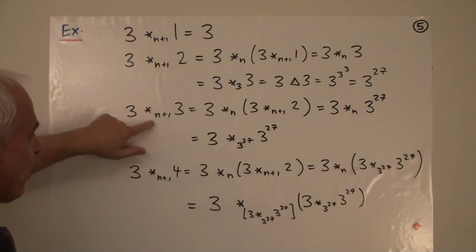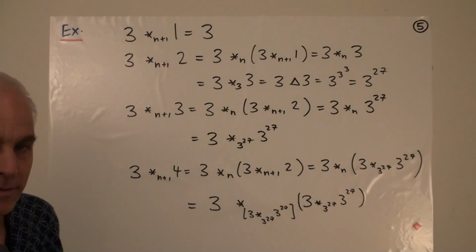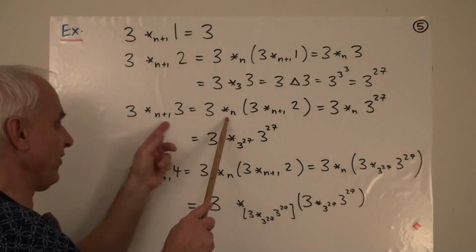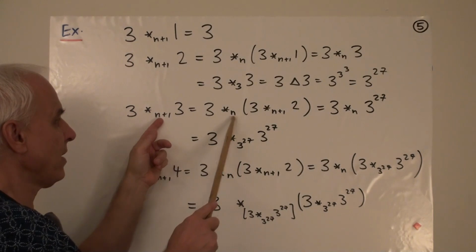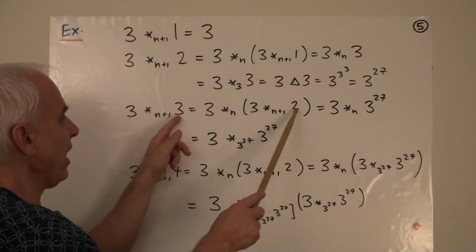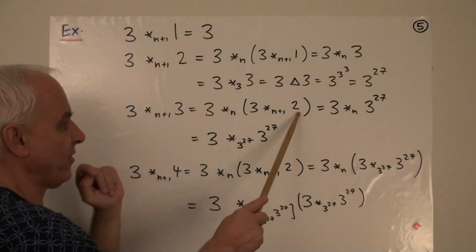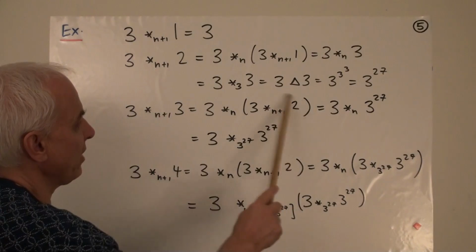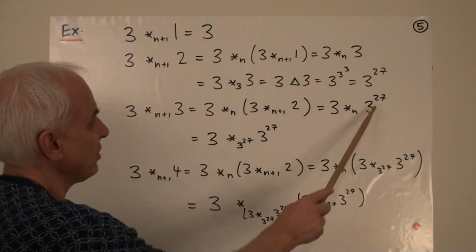And what about 3 star n plus 1, 3? Well, that'll be 3 star n, 1 less than this one, followed by 3 star n plus 1, 2, 1 less than this. Okay, now this is just what we've calculated. We've calculated that this thing here is 3 to the 27.